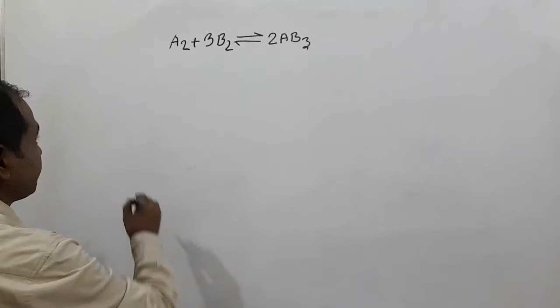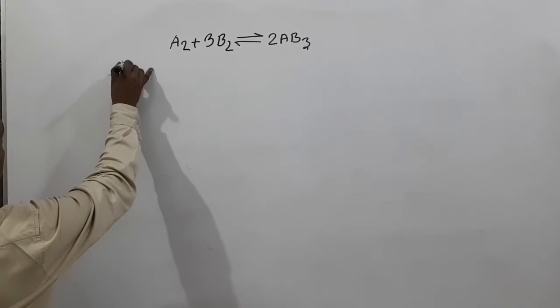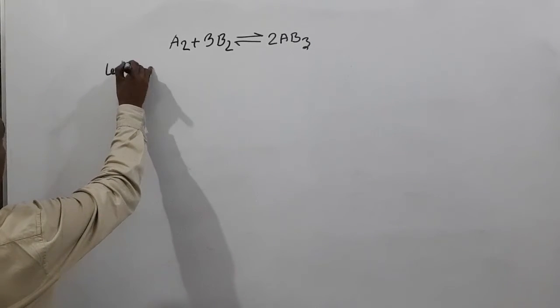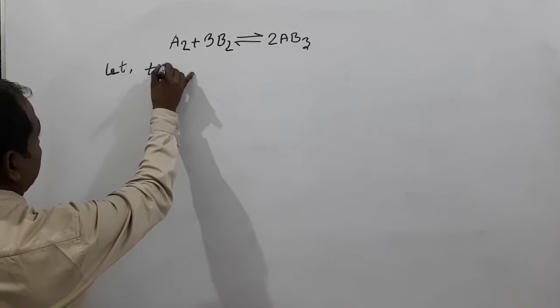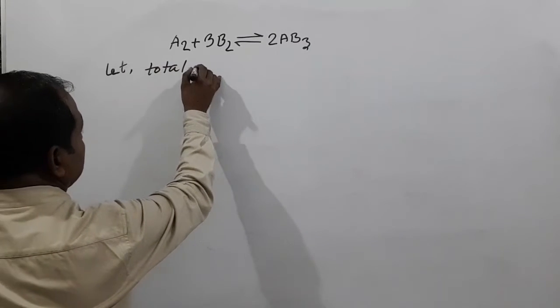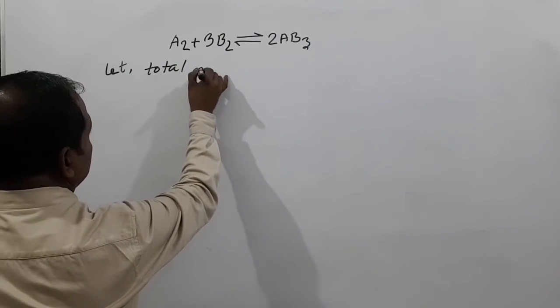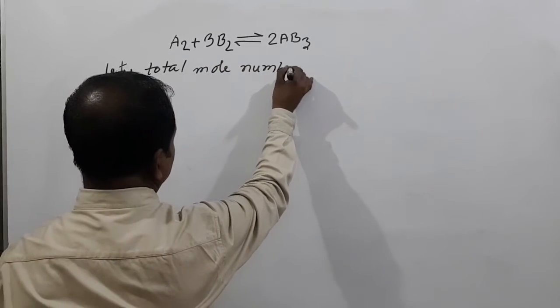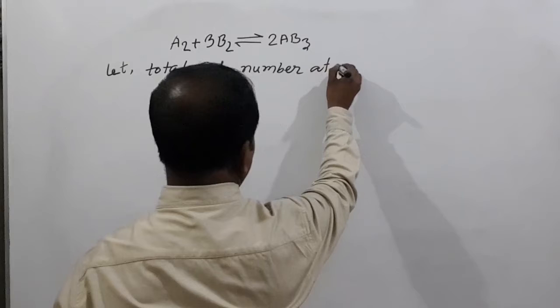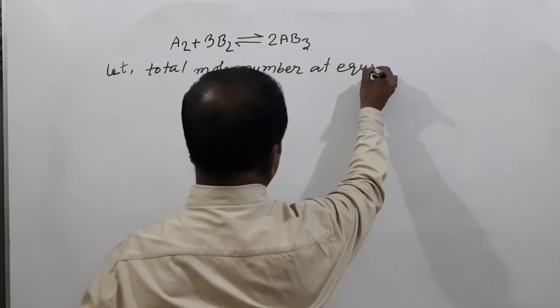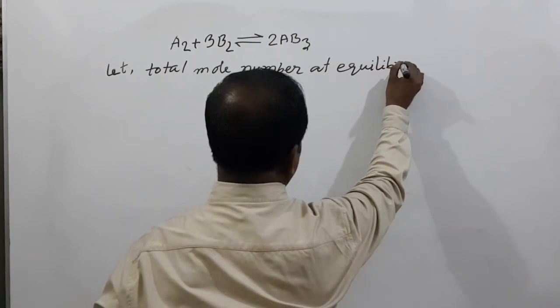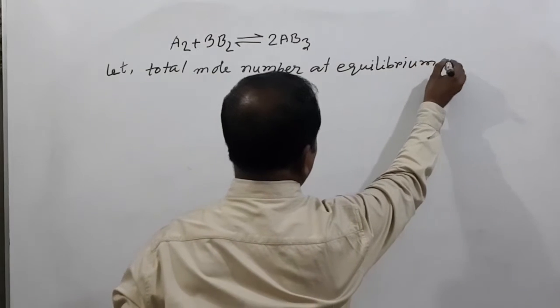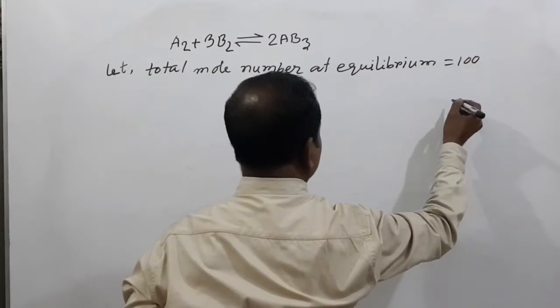So let total mole number at equilibrium equal to 100 mole.